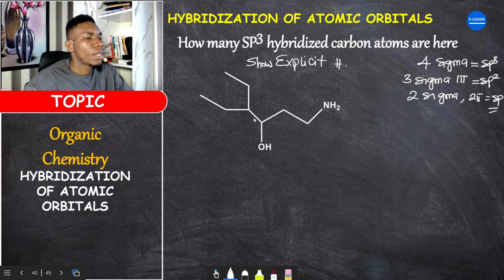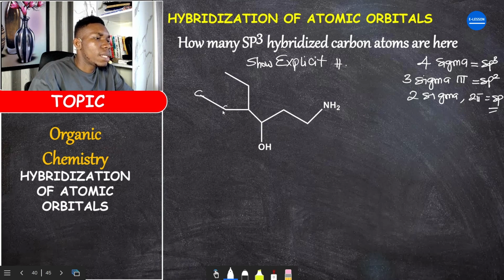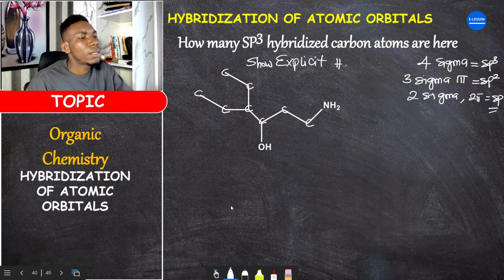Is that okay? So let us look at this one critically. Bringing out the carbon atoms that are present here, this is a carbon, this is a carbon, this is a carbon, this is a carbon, this is a carbon, this is a carbon, carbon, carbon. Is that okay?